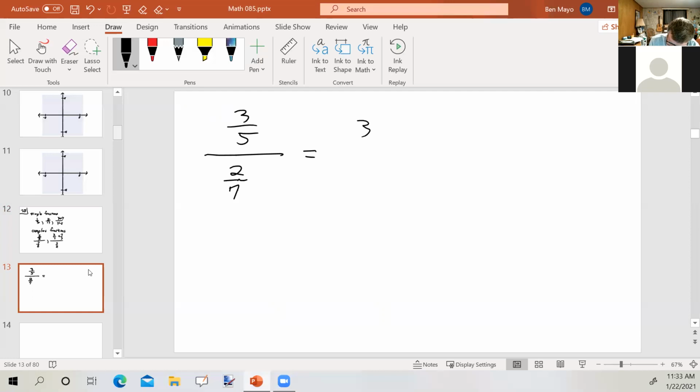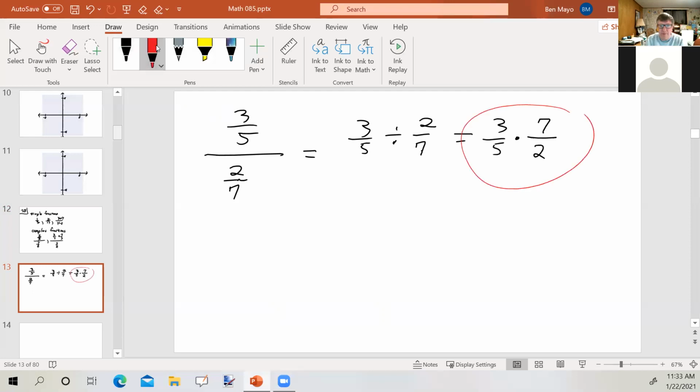This is equivalent to 3/5 divided by 2/7, right? But dividing by a fraction is like multiplying by its reciprocal. So we get to this point, but now multiplying two fractions together, we just multiply straight across unless there's any pre-reducing we can do. In this case, there isn't any, so 21 over 10 would be the final answer.